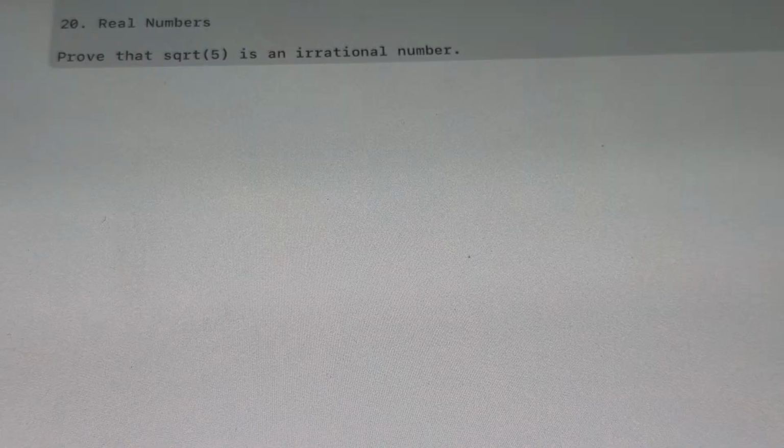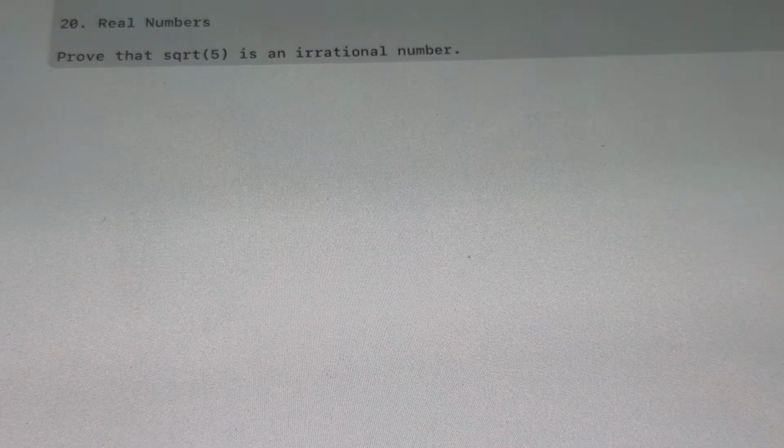To do this, first we have to make certain assumptions. After making certain assumptions, we have to show that our assumptions are wrong. By proving that our assumptions are wrong, we will prove that the given value, square root 5, is an irrational number.